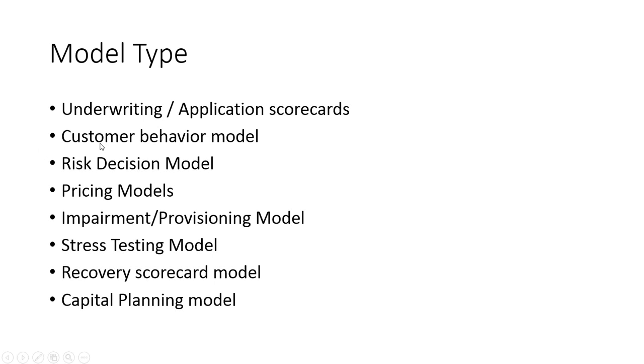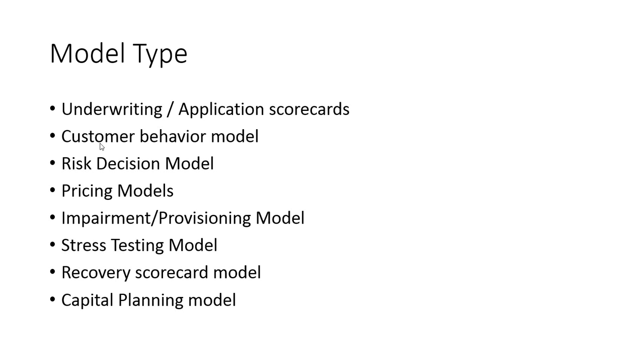Then there are customer behavior models, that are normally used to monitor the portfolios. Then risk decision models, some models are used for taking decisions as to whether the credit should be granted to a customer or not.